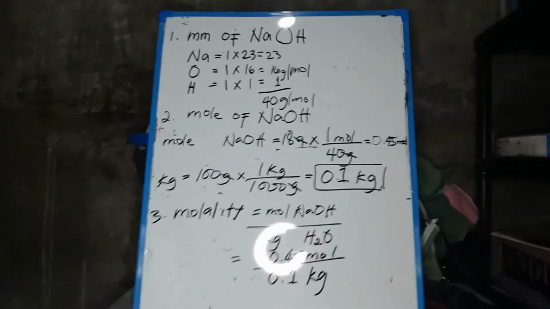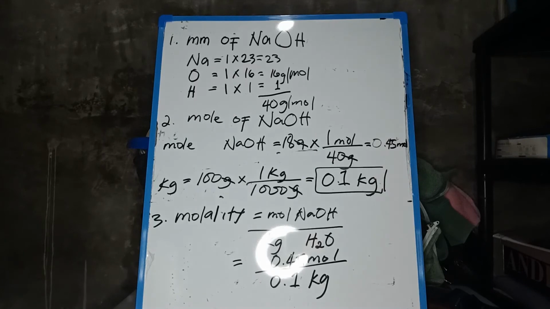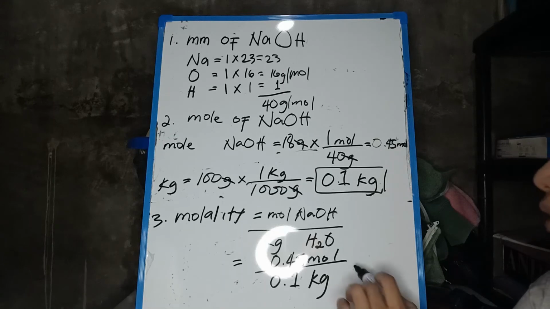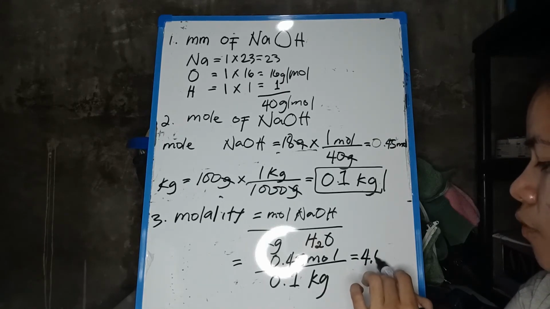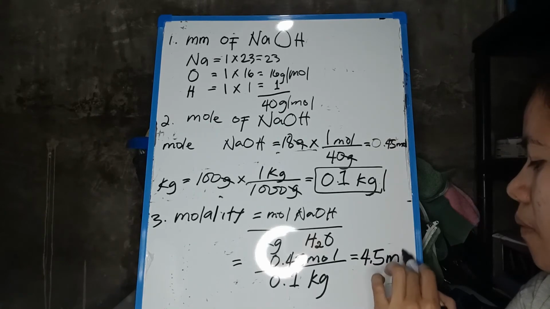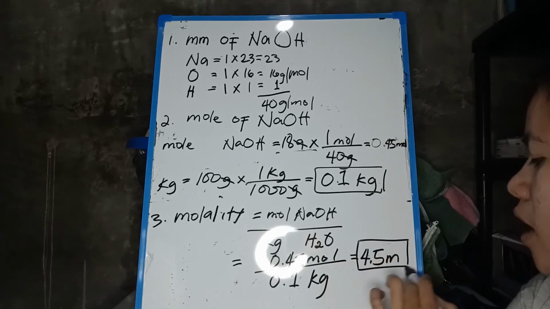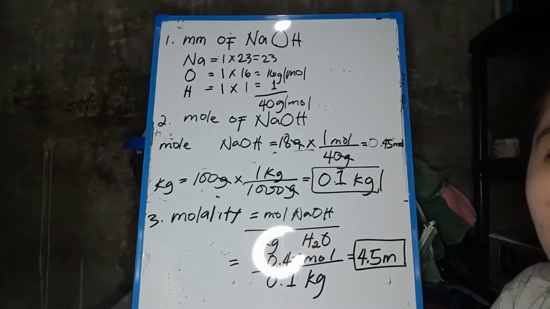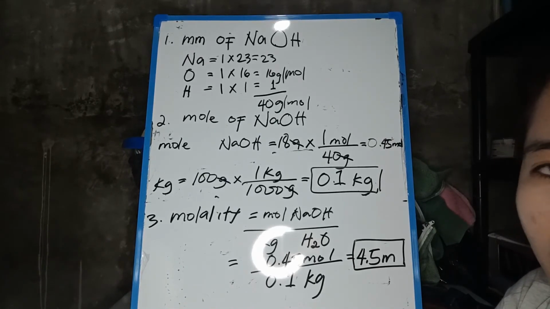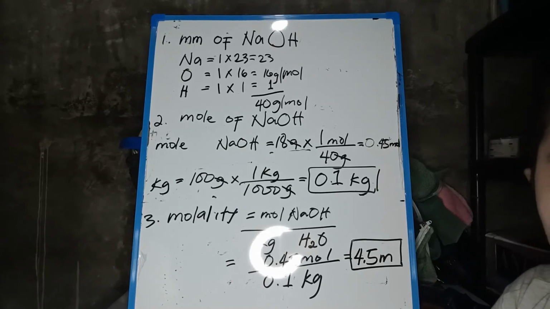So, the answer is, 0.45 divided by 0.1 kilogram is equivalent to 4.45 molality, 4.5 m. So, we have now our molal concentration of the sodium hydroxide solution.